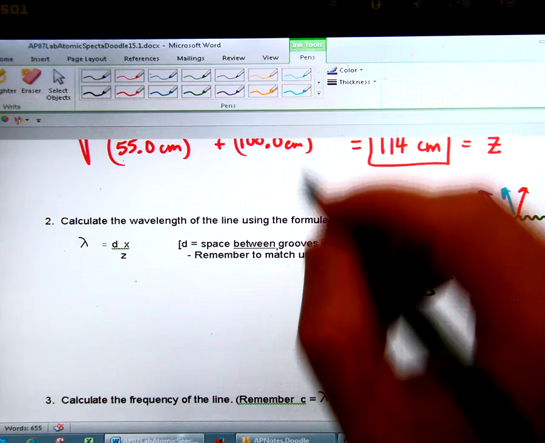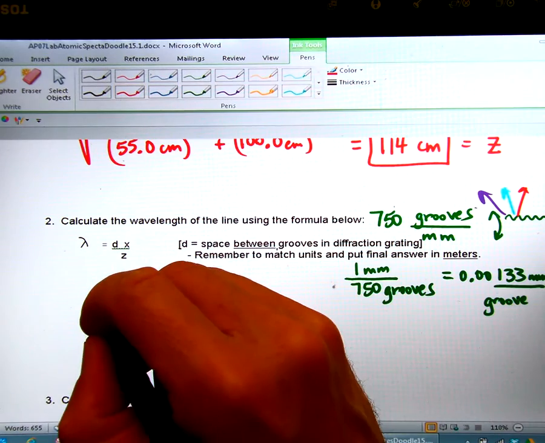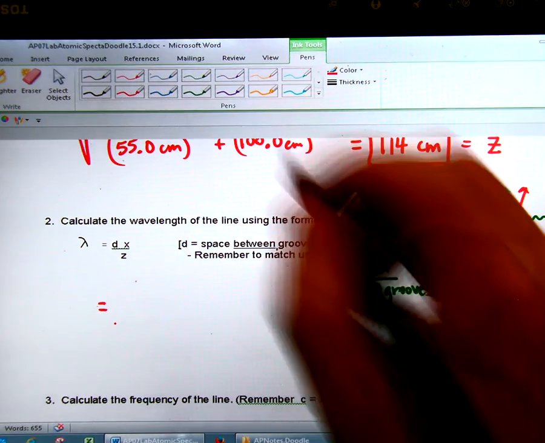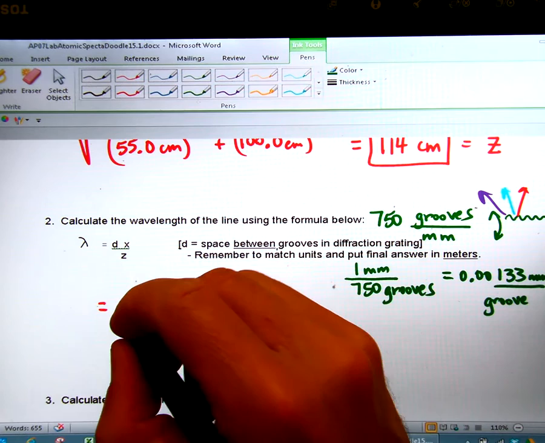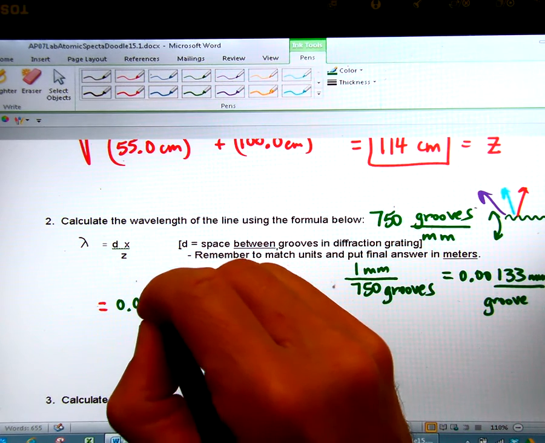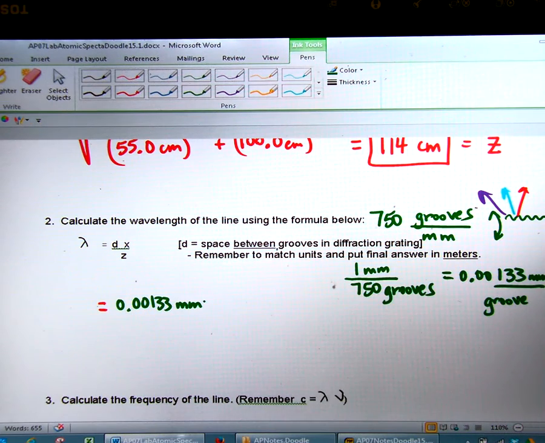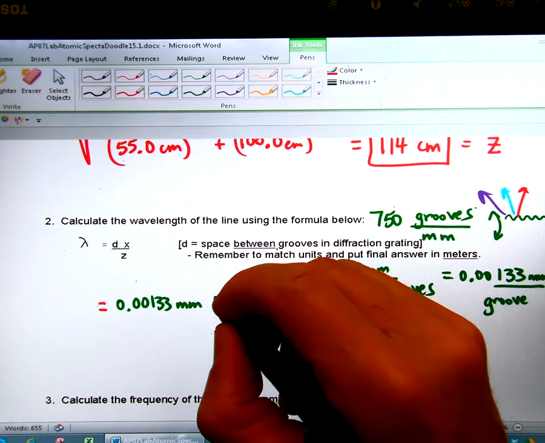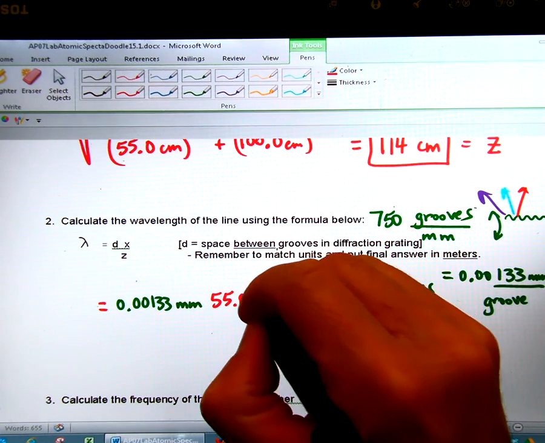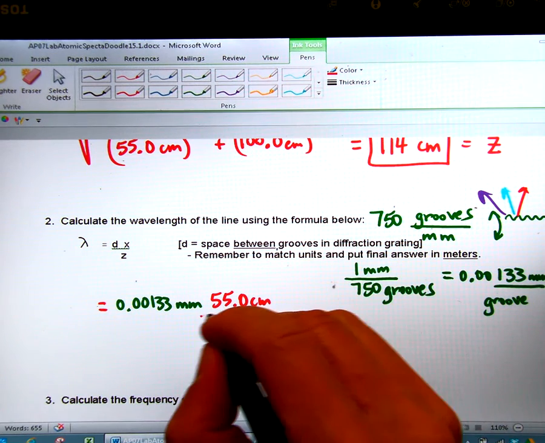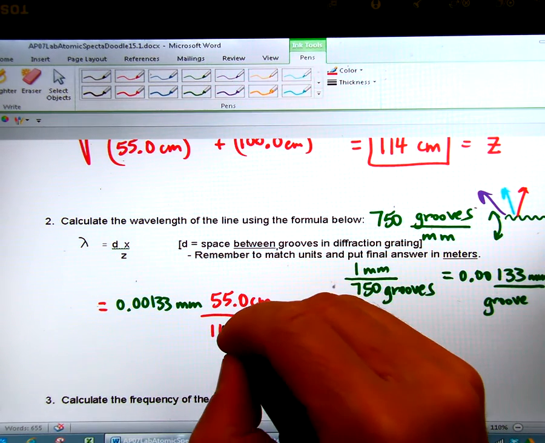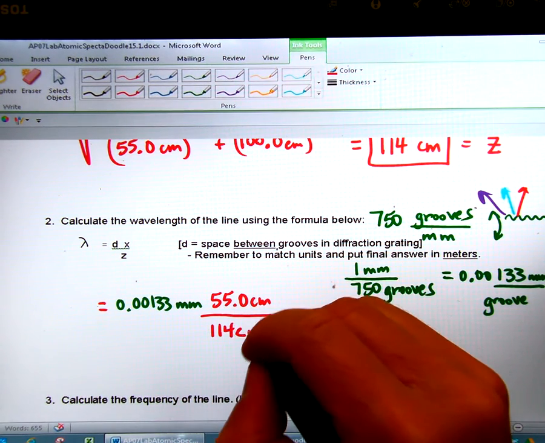So let's do our formula now. The wavelength for me is going to be the D, which everyone's going to have the same D, 0.00133. Now be careful with your units. That's millimeters per groove. And then you're going to need your X. My X was 55.0 centimeters. And then my Z, what I calculated above, is 114 centimeters.